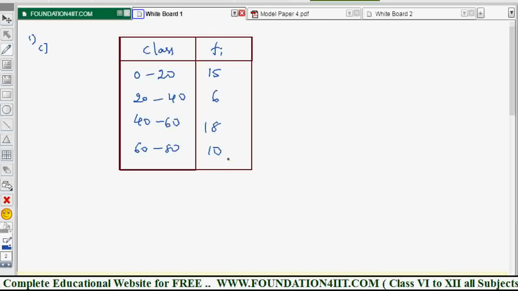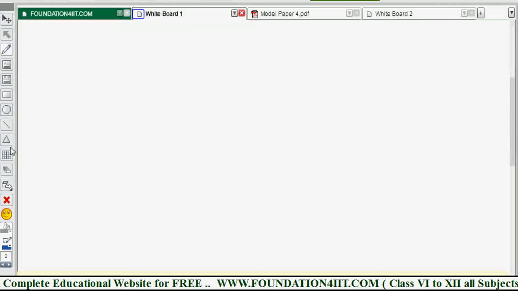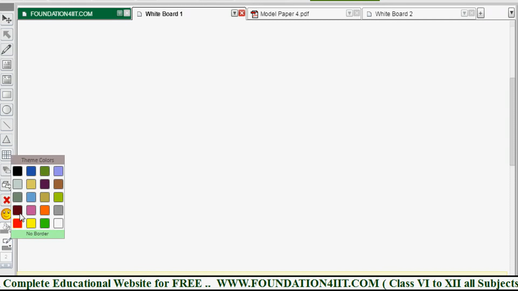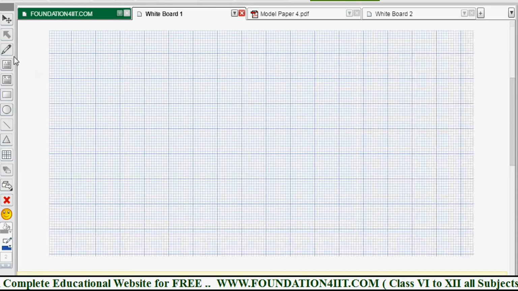To draw the histogram, we need to take the x-axis and y-axis. Class interval on the x-axis and frequency on the y-axis. So we take the graph paper for this.